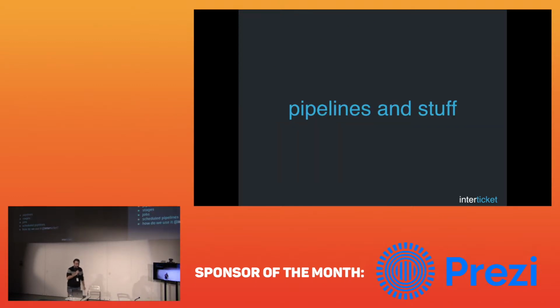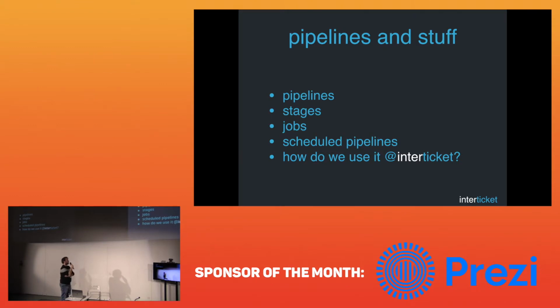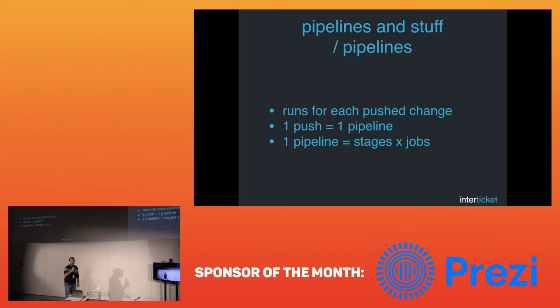So pipelines. We have pipelines, stages, jobs, scheduled pipelines, and I will tell you how we use them at InterTicket. So if you push some change to GitLab, it will run the CI pipeline on that merge request.